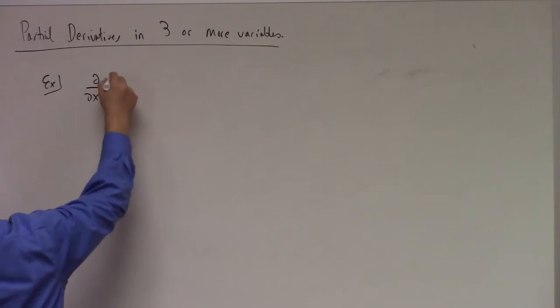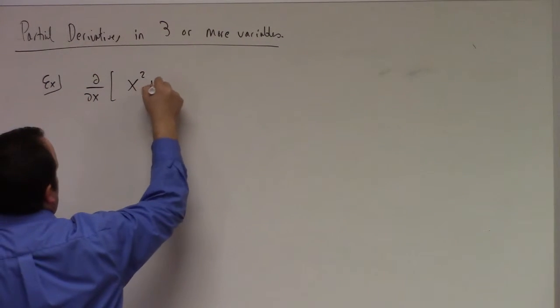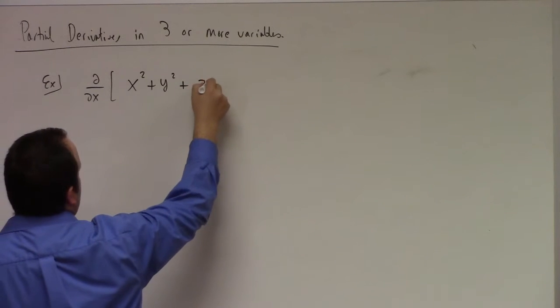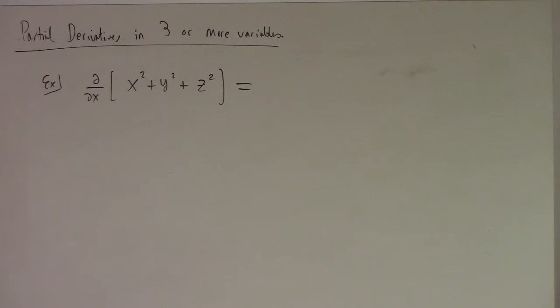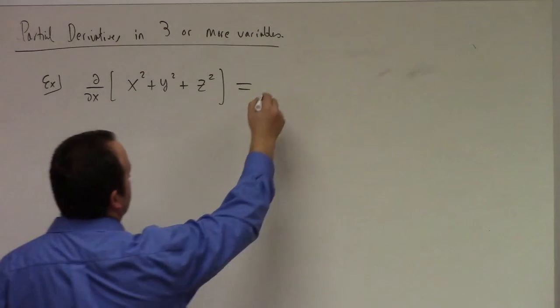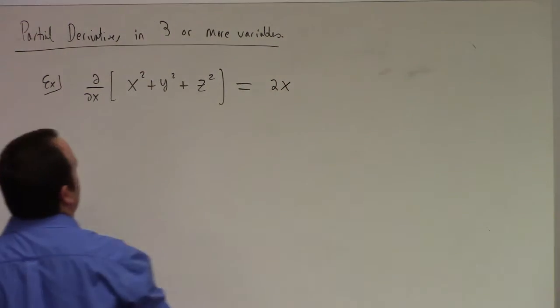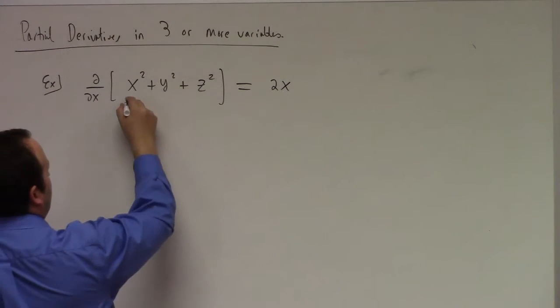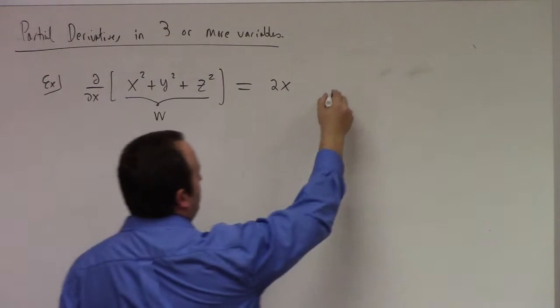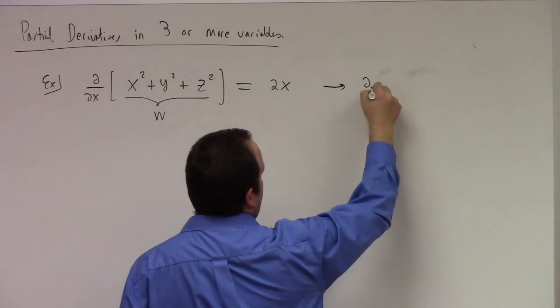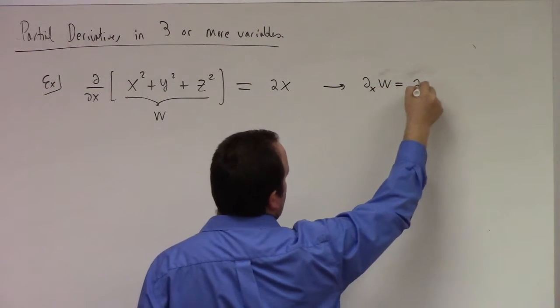Partial x of x squared plus y squared plus z squared. Indeed, this is 2x. And if you let me give this a name, let me call this thing w. So in other words, I just calculated partial x of w is equal to 2x.